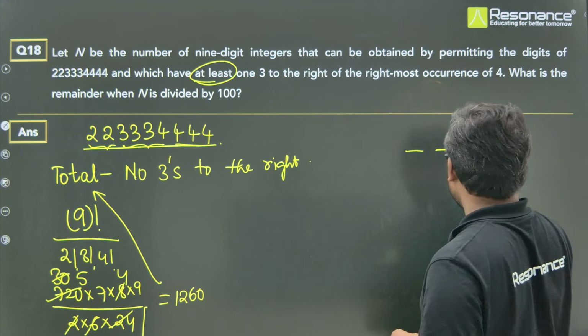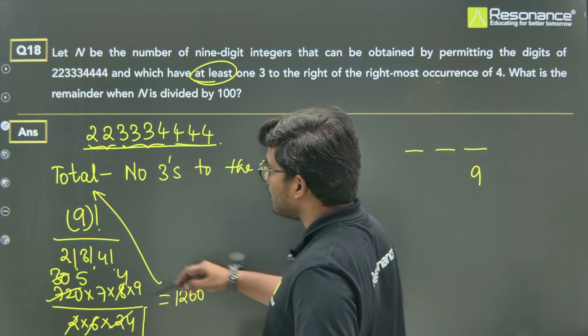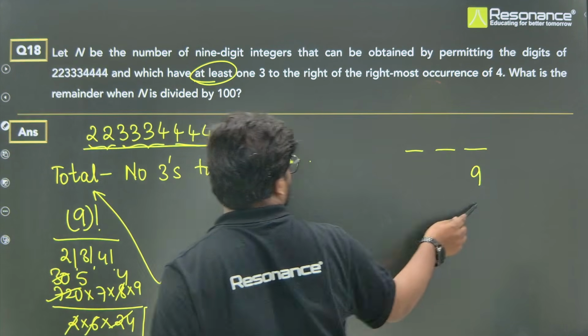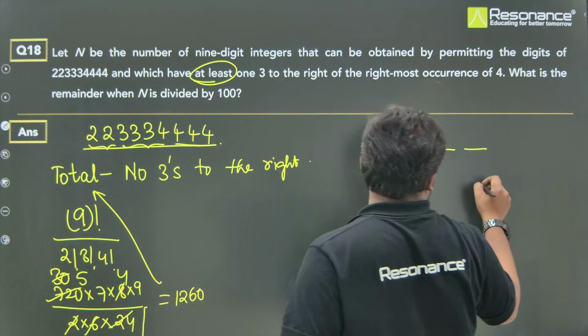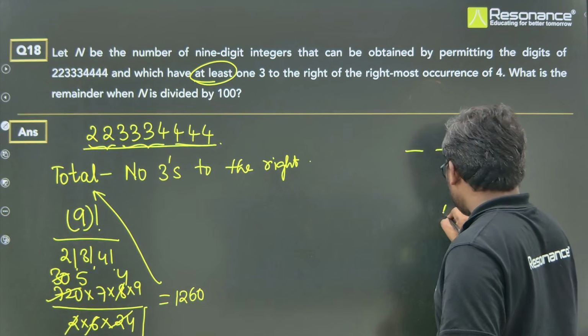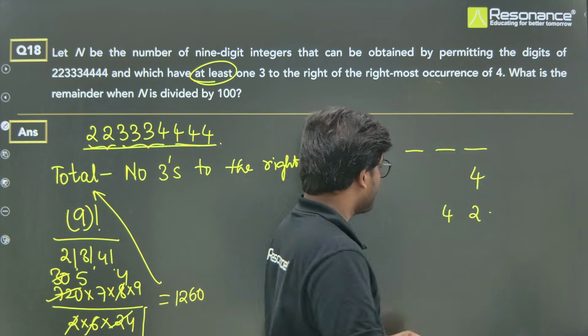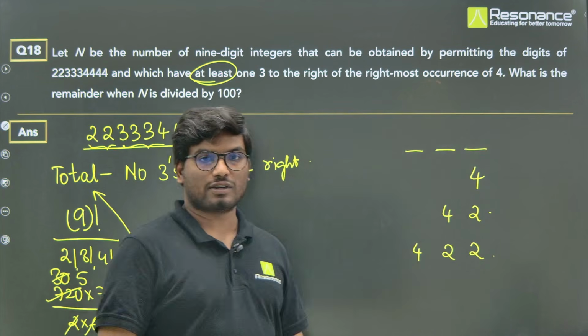So the case where 4 is the last digit, or 4 could be here and here there could be a 2, or 4 could be here and there are 2 2's that follow 4.